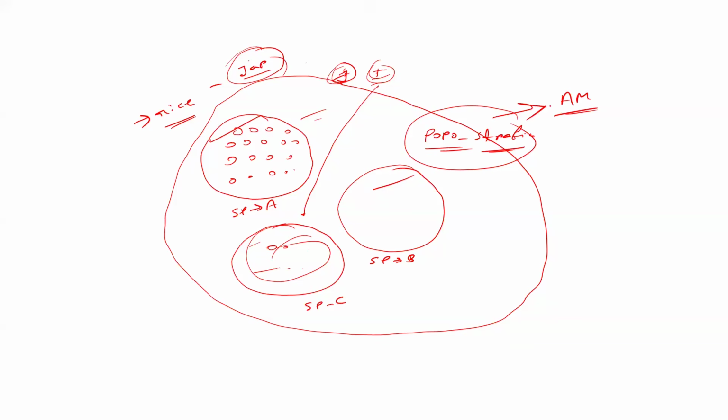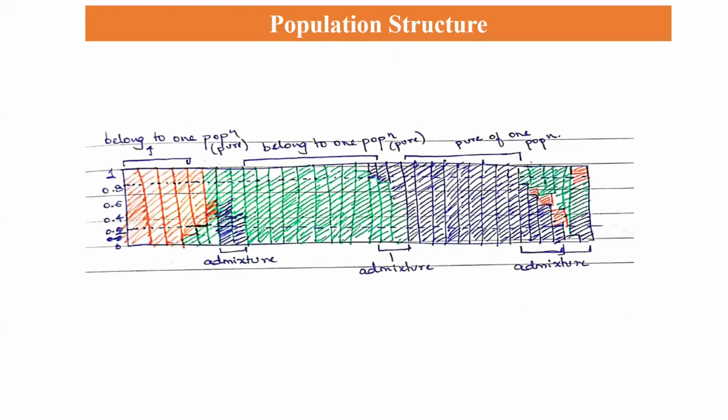Okay, I will describe how the Q matrix and the K matrix, or the Q population, affect association mapping in another slide. Here, how do we know which individual belongs to which population? I have shown three populations: this is the first population, this is the second, and this is the third.